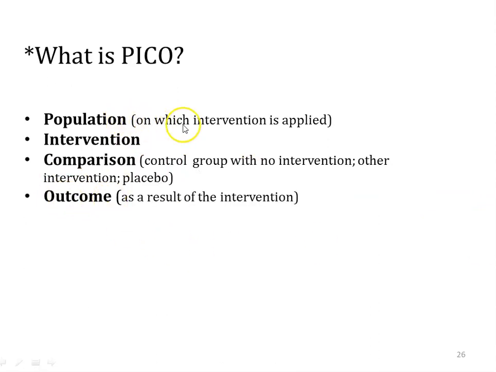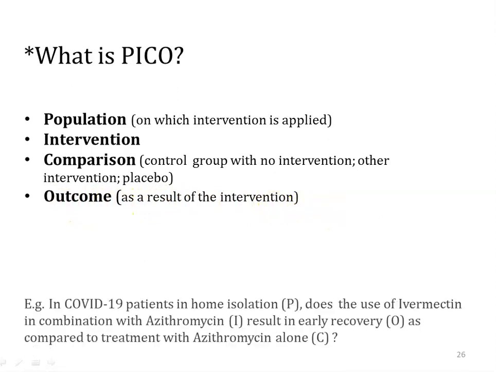Population is the population in which you are applying your intervention or experiment. Comparison is the control group on which you are applying no intervention, that is, you are giving them placebo or some other conventional treatment. Outcome is the result of your intervention or experiment.